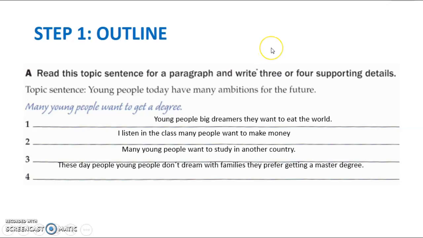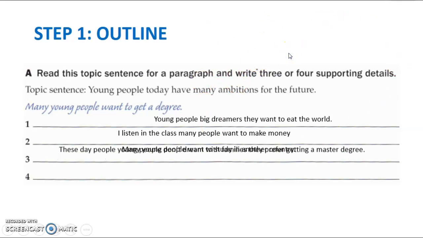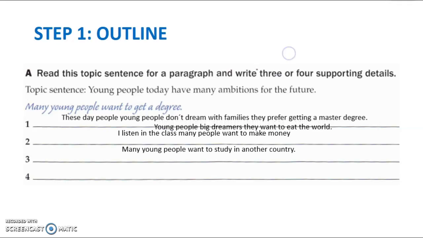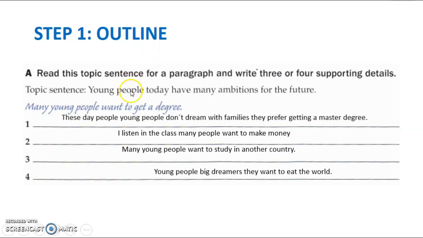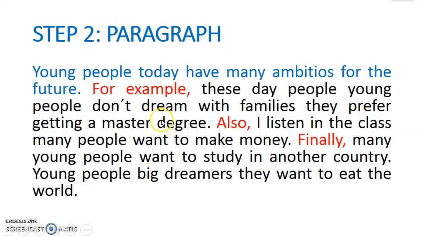Then once I have written this outline, I may change the position as well, deciding which idea is more relevant and which is less relevant. You can change the position. Once you have decided the correct order of your ideas, it's time to write your paragraph. For example, here, I'm going to use all these ideas to write my paragraph. This is step number 2.